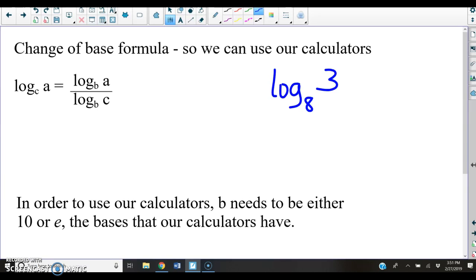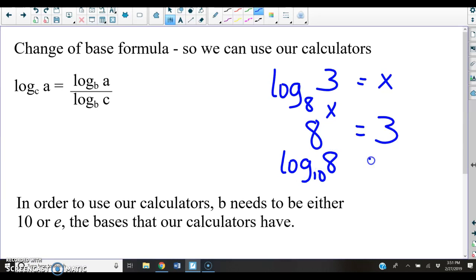But in this case, what we did is said, okay, this is some exponent x. So we would rewrite this as an exponential equation, a power equation. And then in order to find x, we would take the logarithm of both sides in a base we knew, and we would take that exponent and bring it out in front.